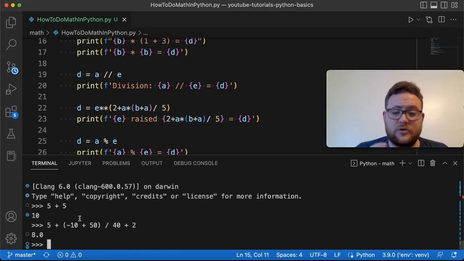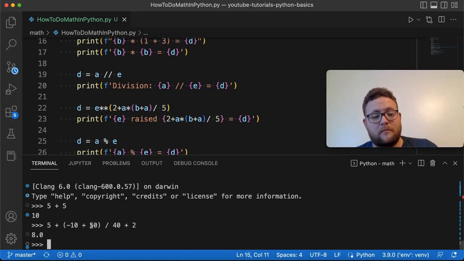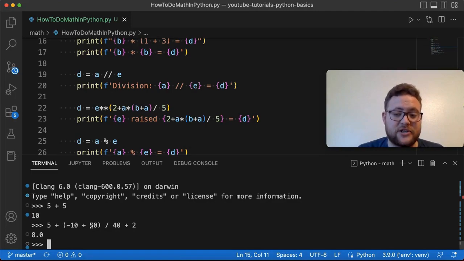The reason is order of operations: it evaluates the parentheses first, which gives 40. Division and multiplication have higher precedence than addition and subtraction, so 40 divided by 40 is 1. From there you go left to right because the rest of the operators are pluses: 5 plus 1 is 6, plus 2 is 8, and that's why you get 8.